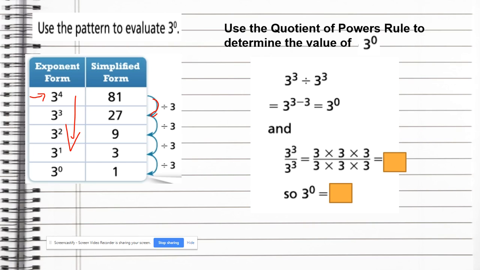And if I have 3 to the 3rd over 3 to the 3rd, it's essentially saying 3 divided by 3, 3 divided by 3, 3 divided by 3, which is 1. There we go. So 3 to the 0 power is 1. Anything to the 0 power is 1.